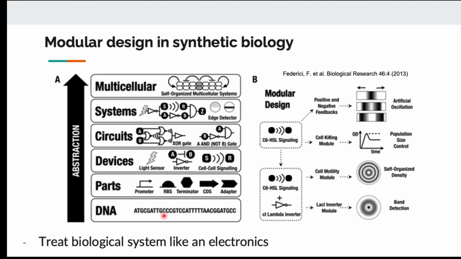At the bottom is the DNA sequence; we can design DNA sequences. At the second layer, we view DNA sequences that have different functions as different parts, or Lego pieces, of the system. You can have DNA that acts as a promoter, DNA that acts as a ribosome binding site for translation, DNA that stops translation, and DNA that codes for genes. We can view these as components of the system.